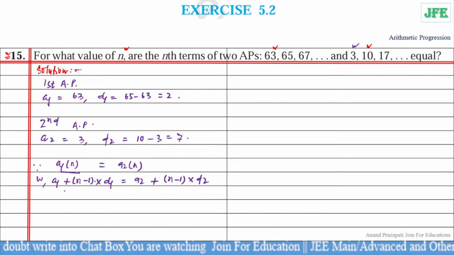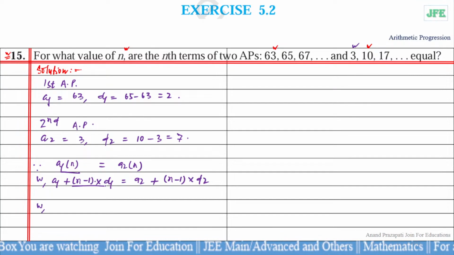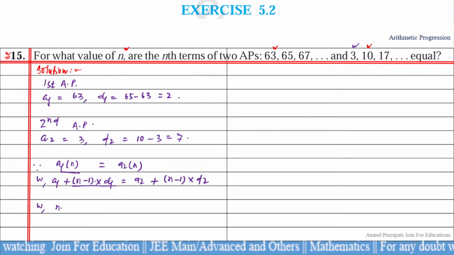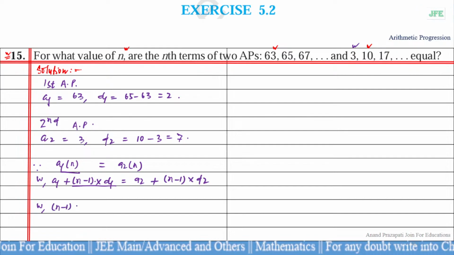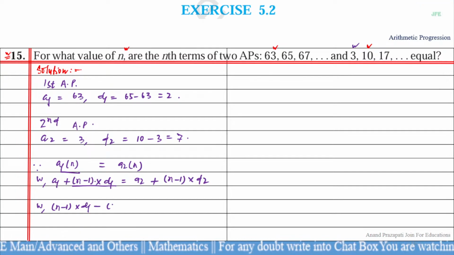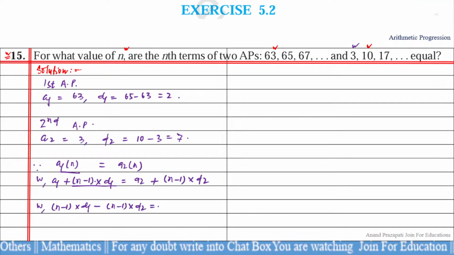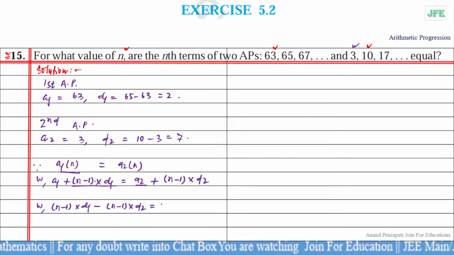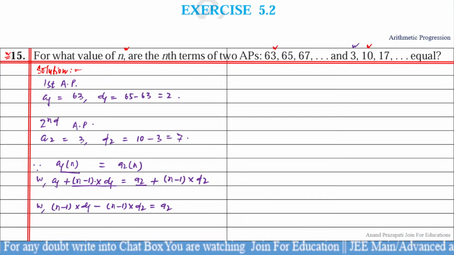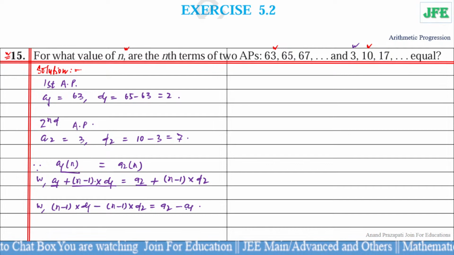Hope there is no problem to understand up to this step. So we write this: (n minus 1) into d1 minus (n minus 1) into d2 equals a2, and a1 moves to the right hand side, so we write minus a1.